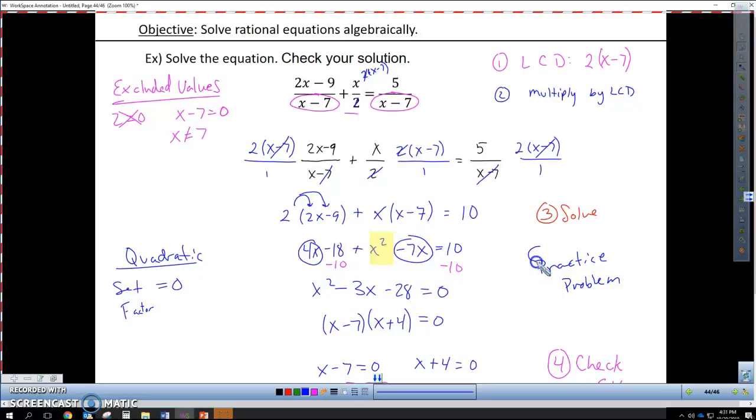I put the problem on one page. Here's the problem. I want you to do it on your whiteboard, and then when you get your answer, scroll down to page 2. The answer will be on page 2. You can check and see if you got that right. Once you've done that, then you can grab the assignment and complete that independent practice.